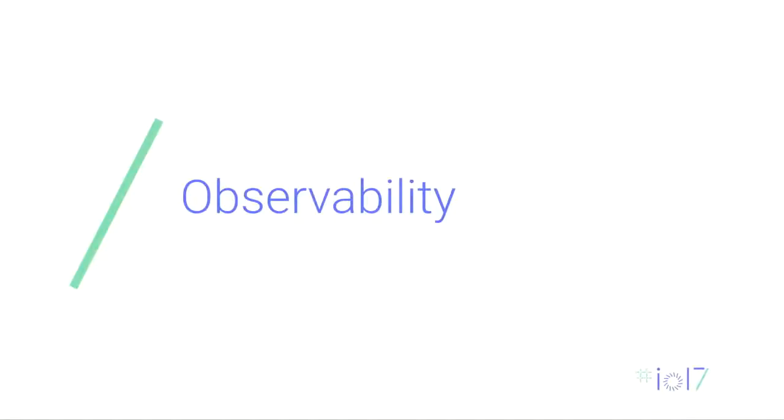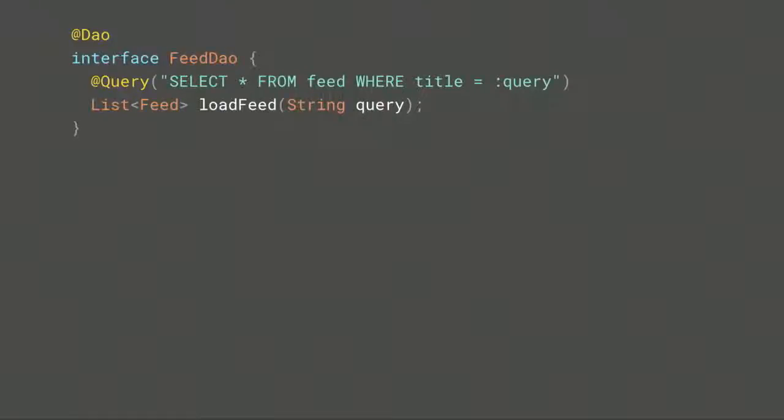Now let's talk about observability, for those of you who listened to yesterday's introduction session and were here earlier in the day for the lifecycle, LiveData, ViewModel talk. This is a simple query that returns a list of feeds. It's a snapshot, a point in time where you have run this query, and however many feeds it returns represents the state of your data universe at that moment.